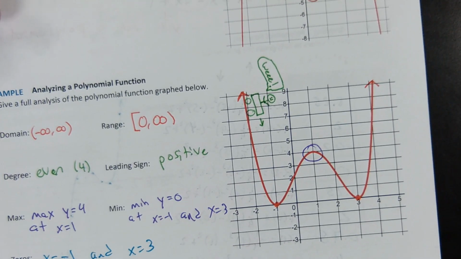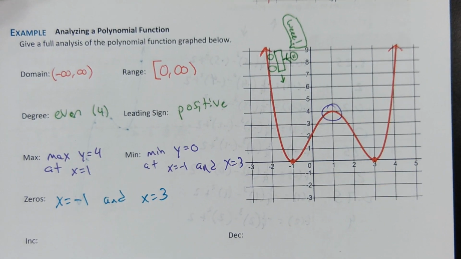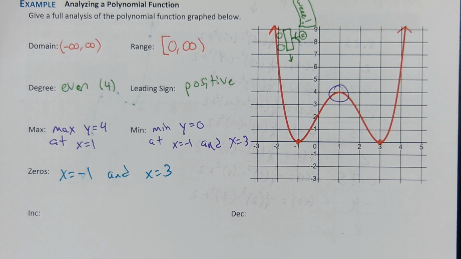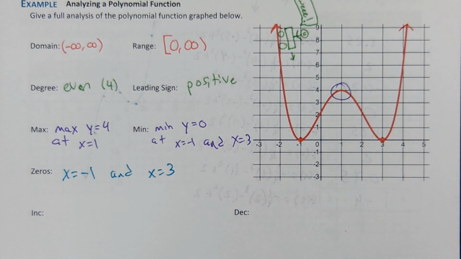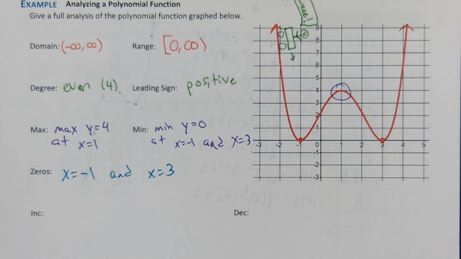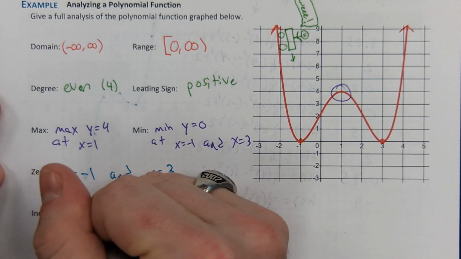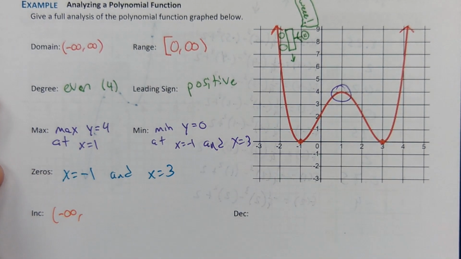Whee! Okay, anyway, so starting from the far left, increasing or decreasing? Lots of people. Come on, guys, talk to me. Decreasing, thank you. So when I say from the far left, what do I have to write? Negative infinity.